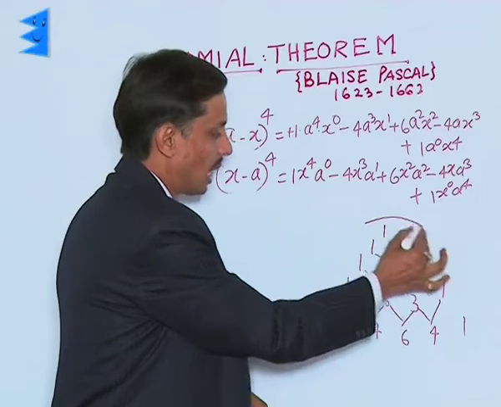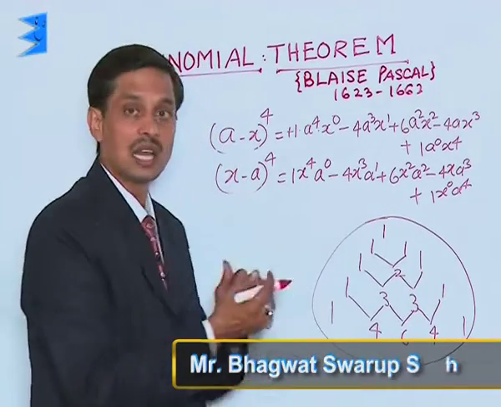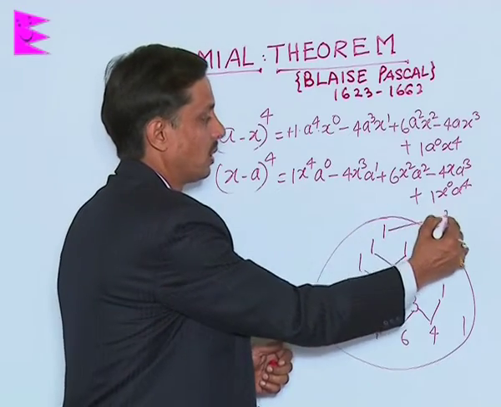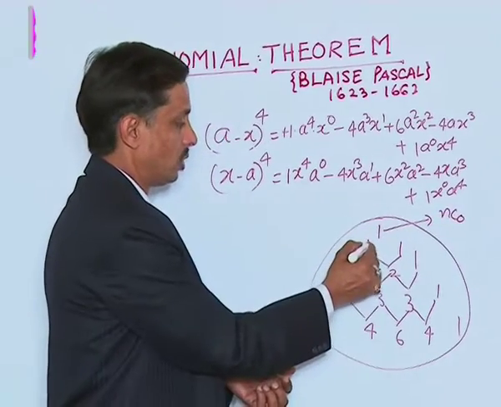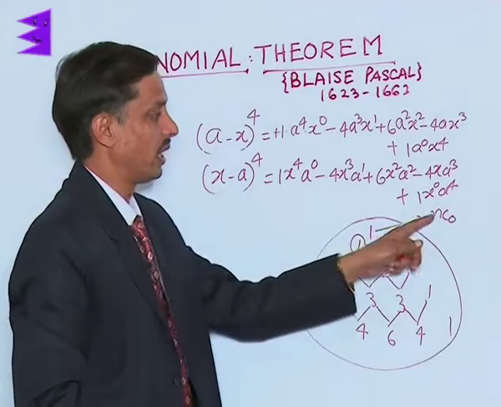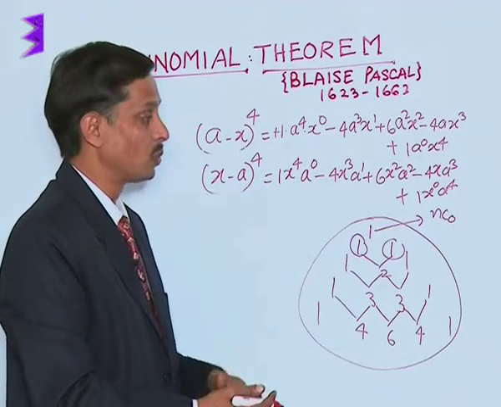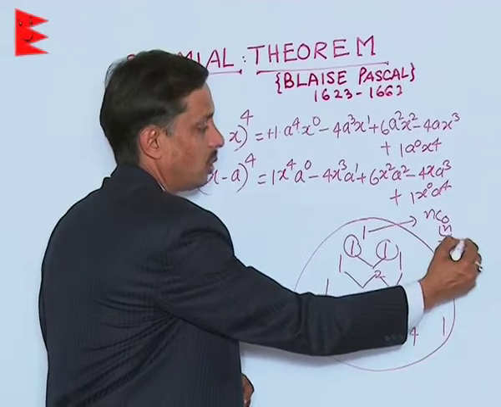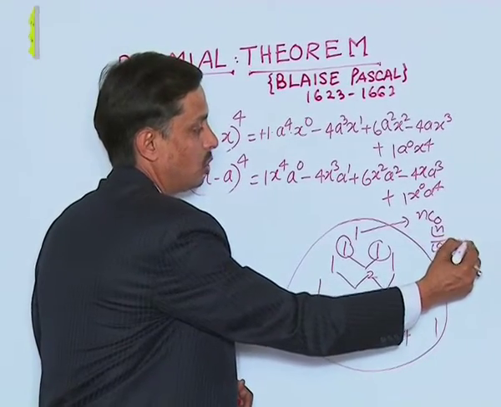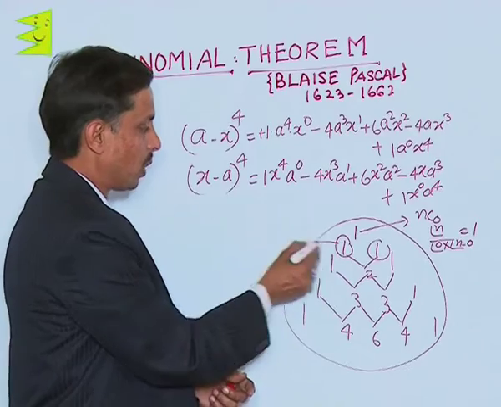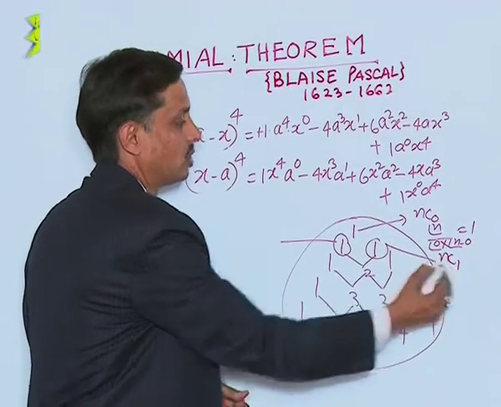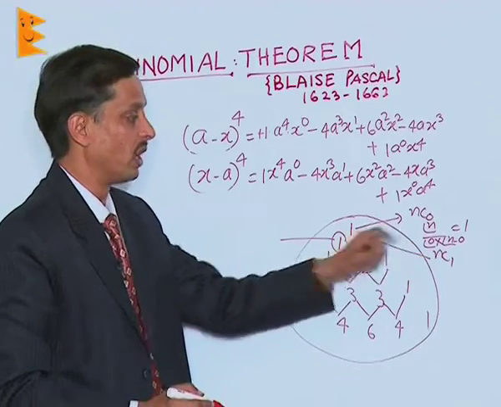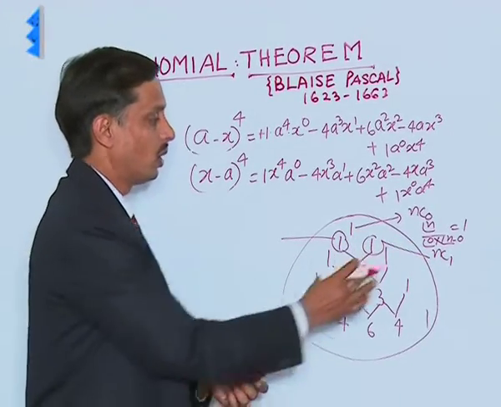I will tell you how these Pascal triangle coefficients are related with our combination. This one is what? nC0. If we take nC0, nC0 means what? This is factorial n upon factorial 0 into factorial n minus 0. This answer is 1. These boundary results 1 and 1 are nC1. If I take power 2 accordingly, then these are somehow related to if power is 1.